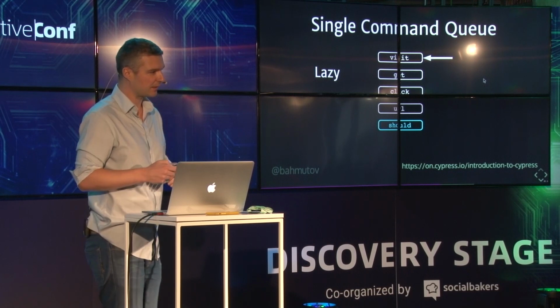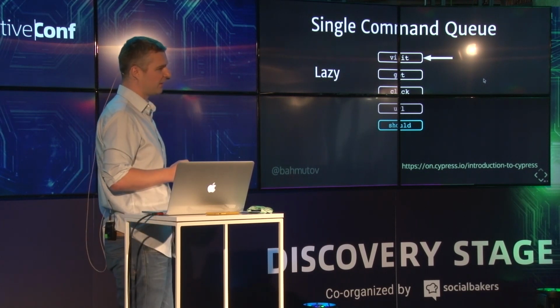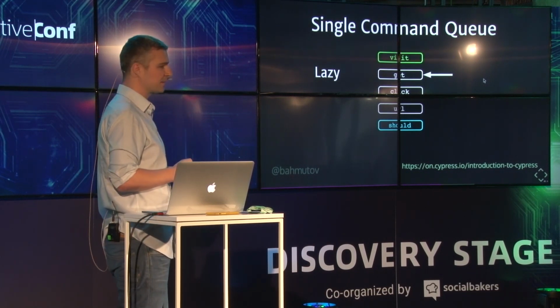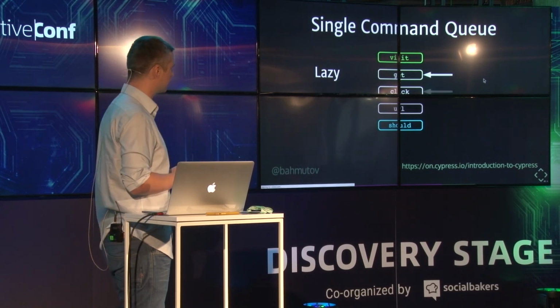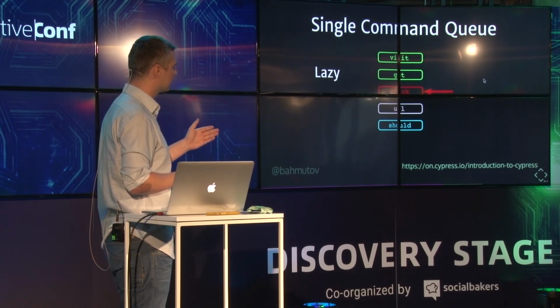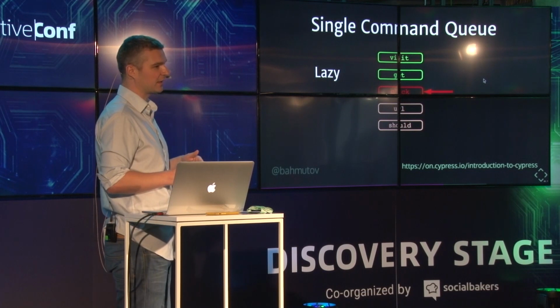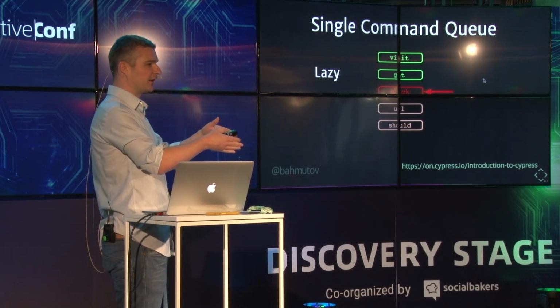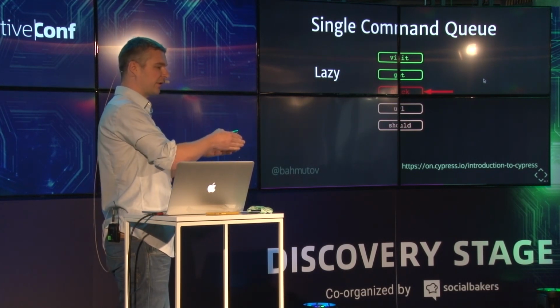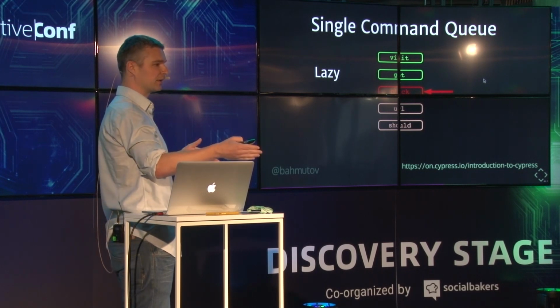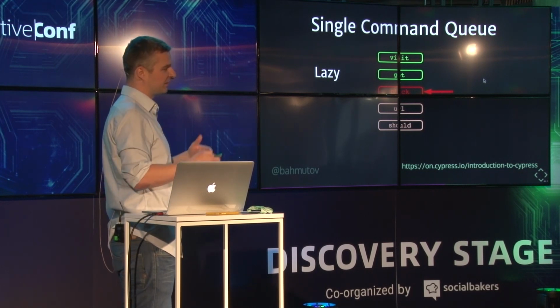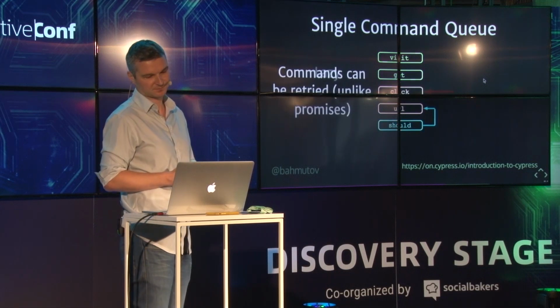And this gives us an execution model where we can start with a command. If it passes, we go to the second command. If it passes, we go to the third command. If it fails, we actually know exactly where it failed, and we can show you, here's what failed, here are all the commands that ran, how they ran, and all the commands that are following. So you precisely know where this big test failed.